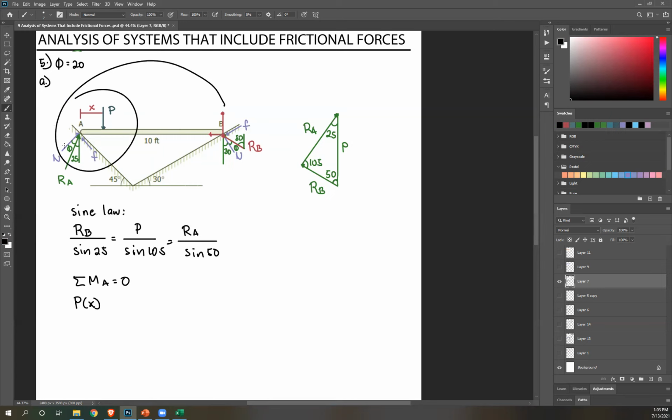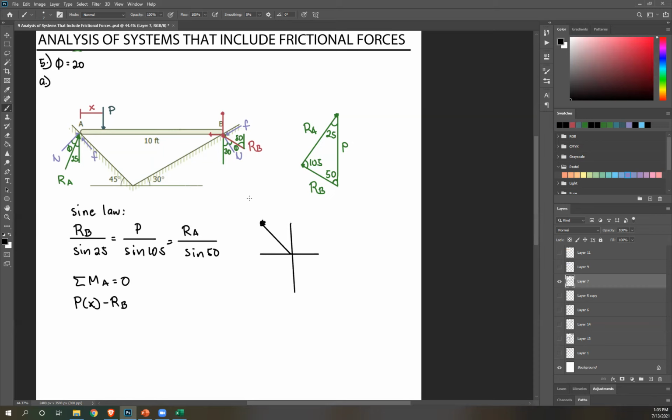So vertical component, rotate about A, that's counterclockwise, so negative RB. Now what's the vertical component? So I either need an angle from the horizontal or vertical. If I isolate this for us to get a clearer look, this is RB. As you can see here, this angle is 50.